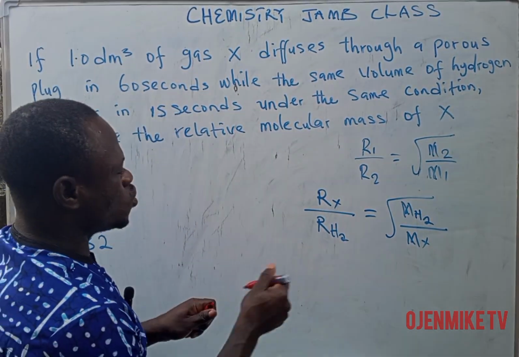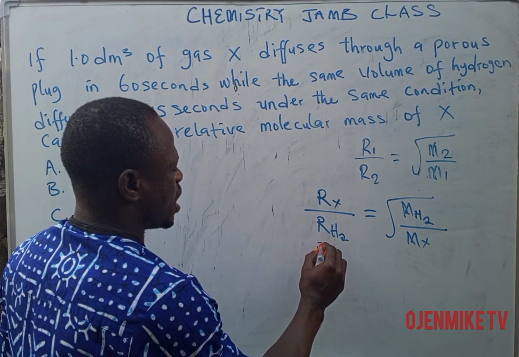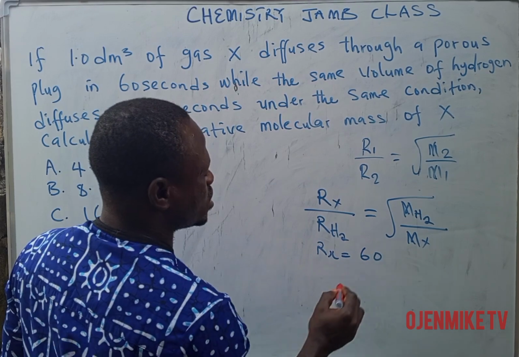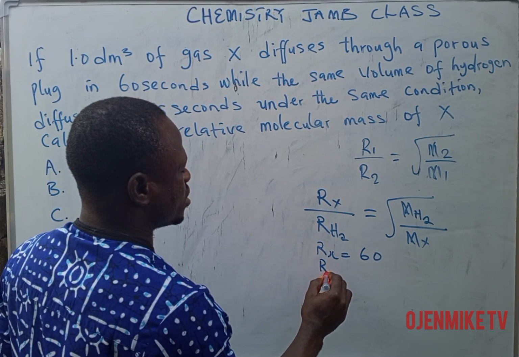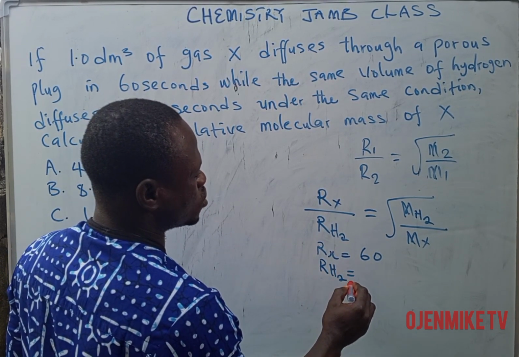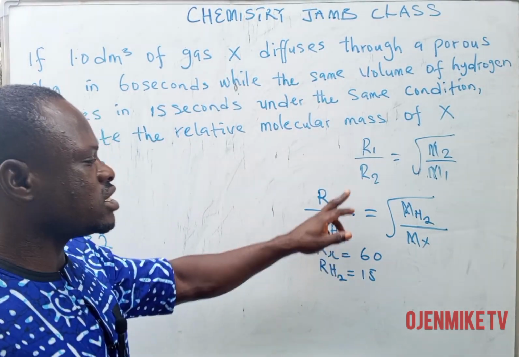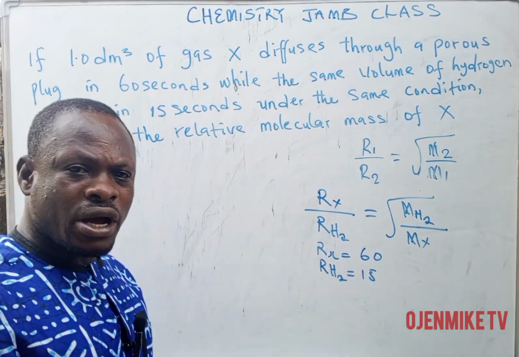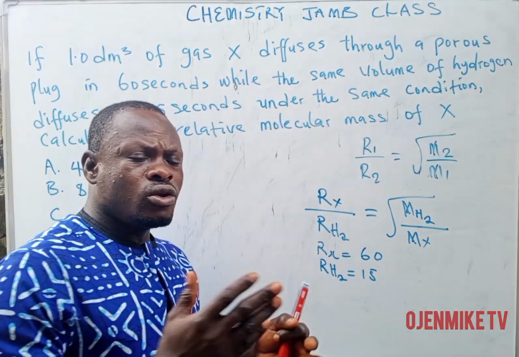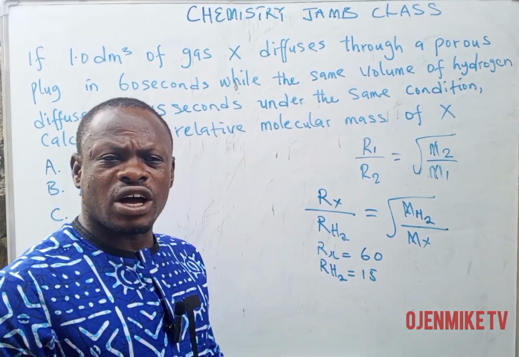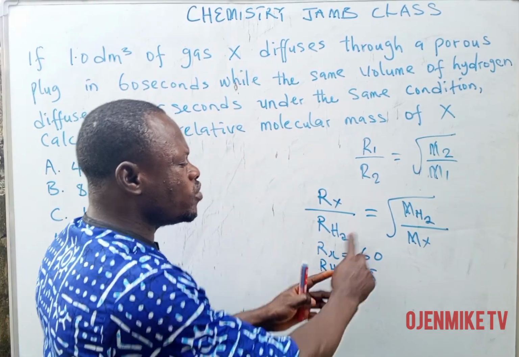While for hydrogen, we have our Rx as 60 seconds, while our RH2 is 15 seconds. We are not going to divide this just the way it is. Remember Graham's law, that the rate of diffusion of a gas is inversely proportional, so we are going to invert this.